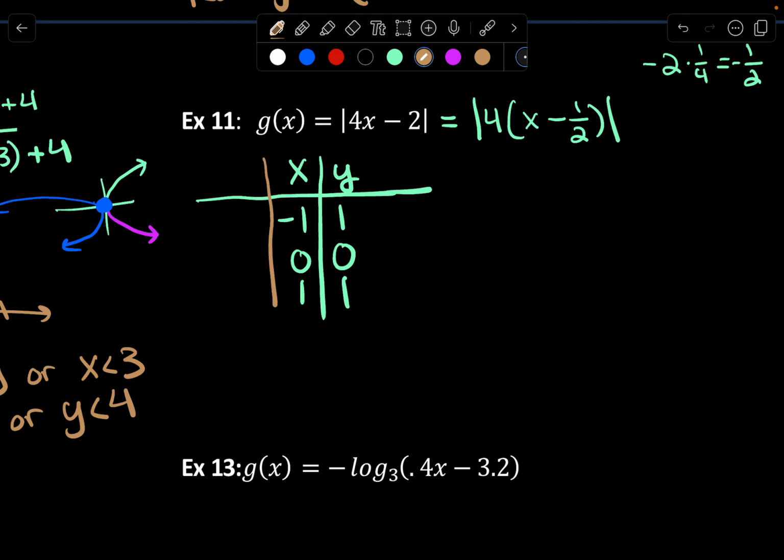Transformation for the x, we have a 4, which means we're going to multiply with, actually, I believe we changed this one, but I'll keep going with this one. I think I had 4 minus 2x, but we'll stick with this one. It's fine. So with this one, we're going to have 1/4 x plus 1/2.